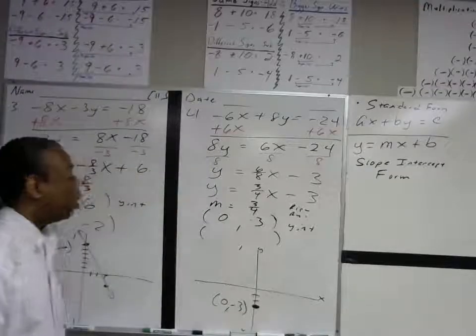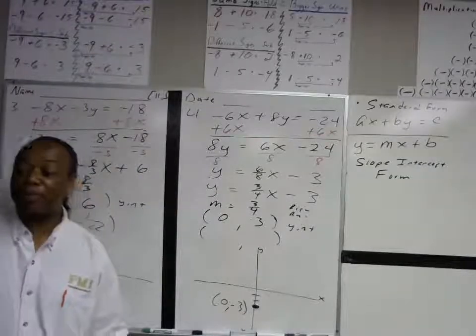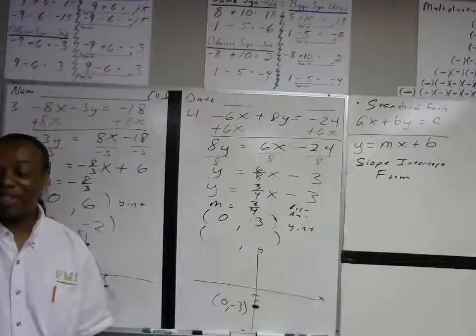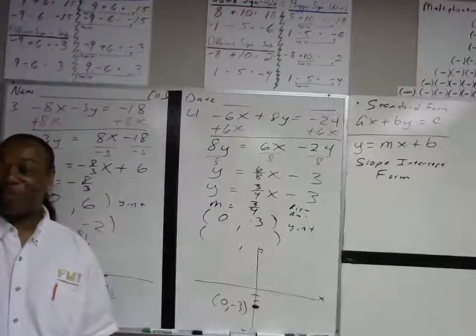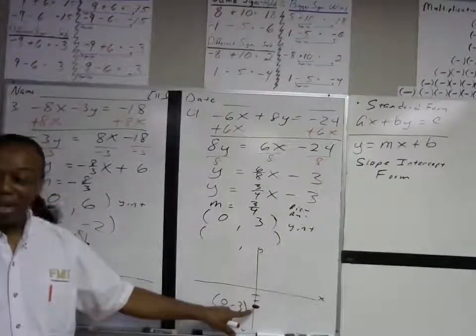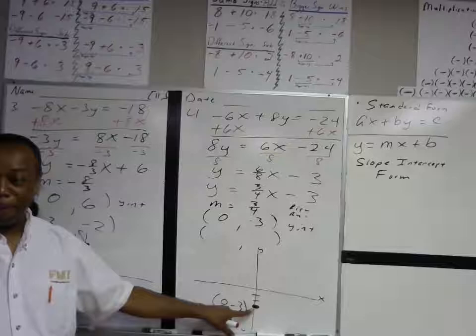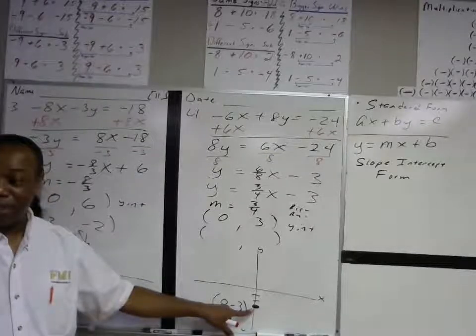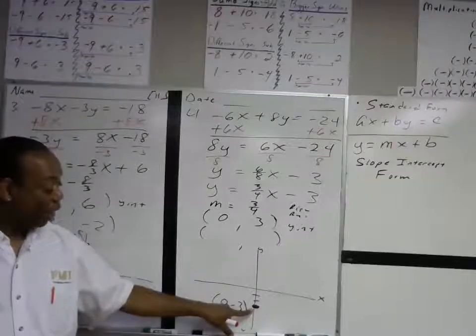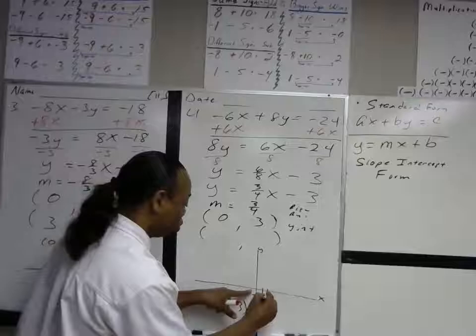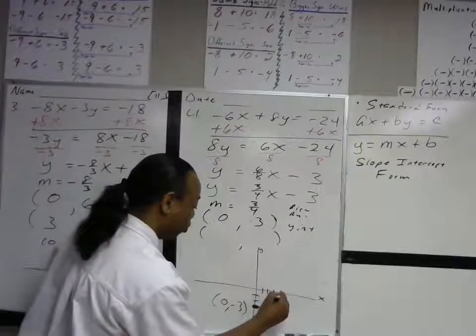Tell me, how do I get to the next point? Up 3. Exactly. Up 3, 1, 2, 3, and then over 1, 2, 3, 4. Very good.